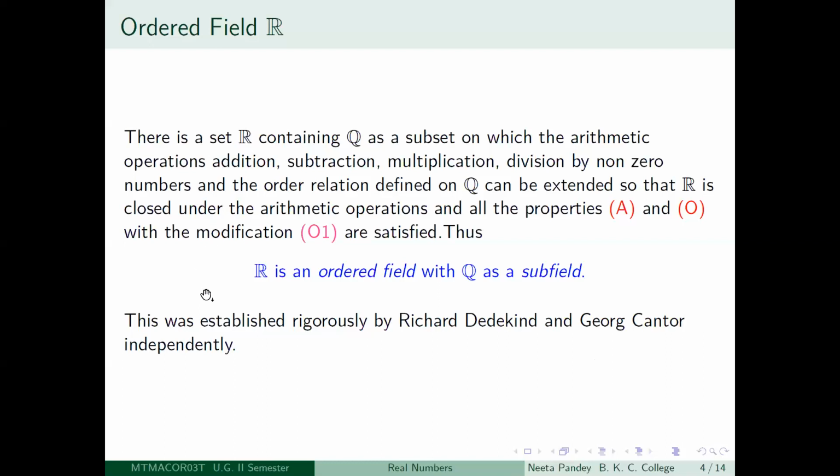So the way I have tried to reach this point is to justify that every point on the line will correspond to a real number, but we cannot settle that question right now. We will take some time over it, but we will finally assure that that is actually true.